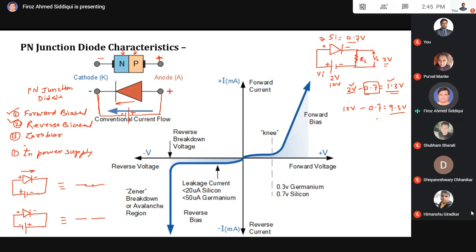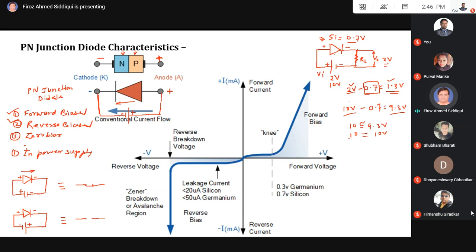So if you compare these two voltages, 10 volt and 9.3 volt, you can say this 10 volt is nearly equal to 9.3 volt. That means you can consider the diode as an ideal diode, because in ideal condition, the output will be equal to the input.